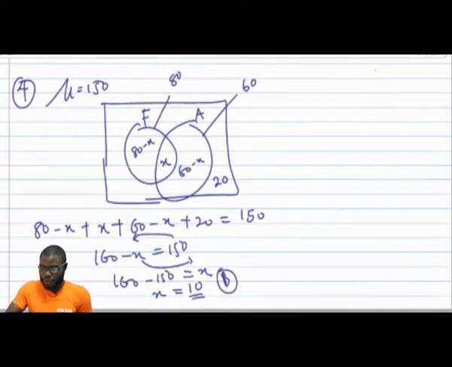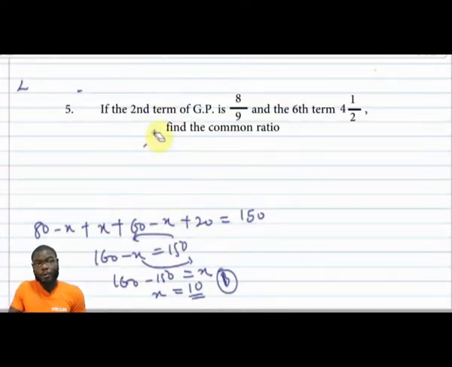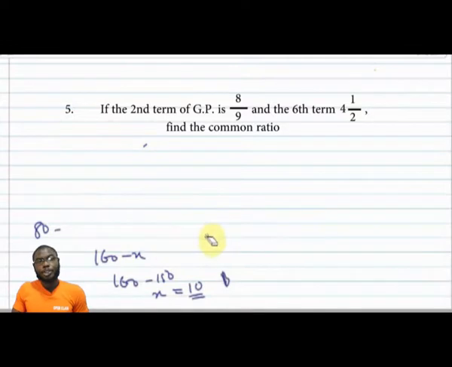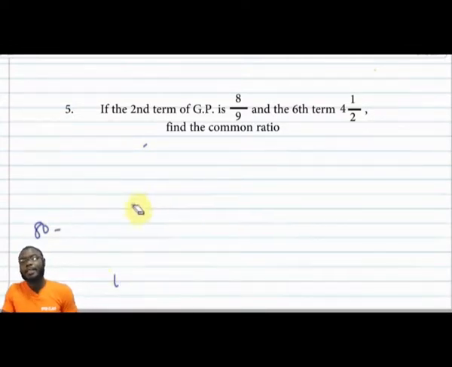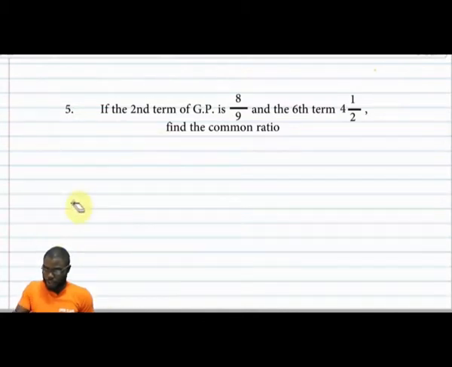Okay. Now question number 5. Question number 5 says, if the second term of a GP is 8/9 and the sixth term is 4 whole number 1/2, find the common ratio. So that's question number 5. Okay, we have the second term.